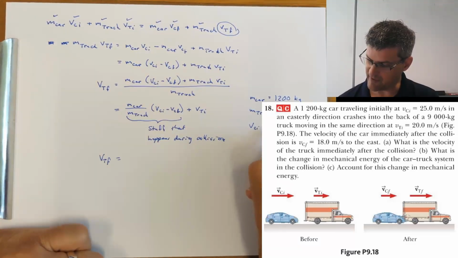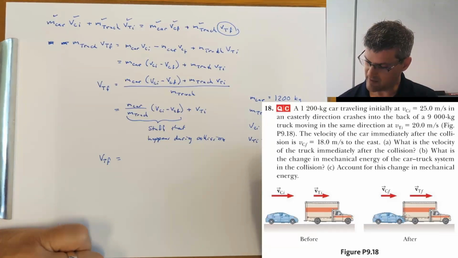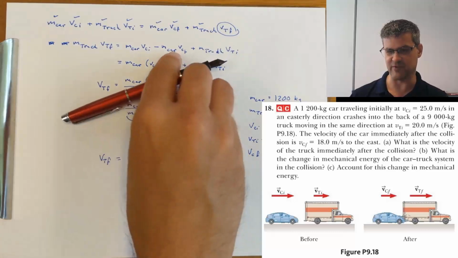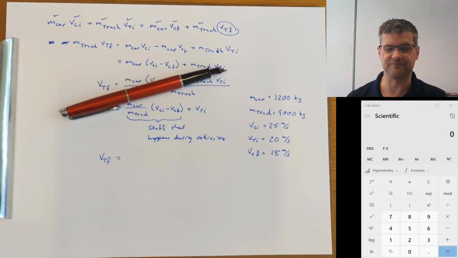V of the car initial is 25 meters per second. V of the truck initial is 20 meters per second. And V of the car after the collision is 18 meters per second. So those are just numbers that we can plug into our calculator.